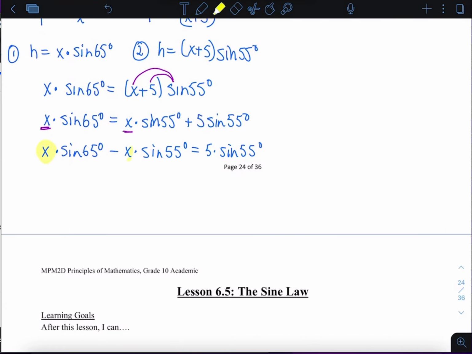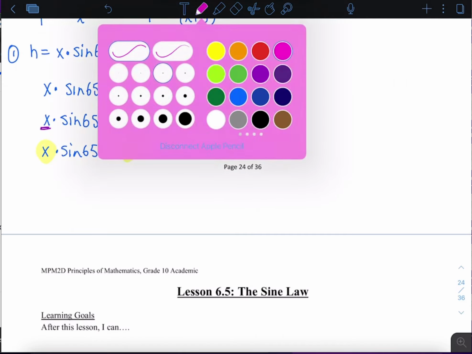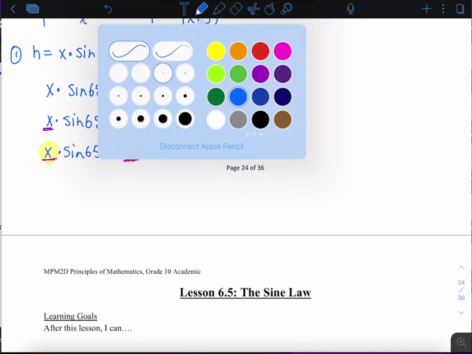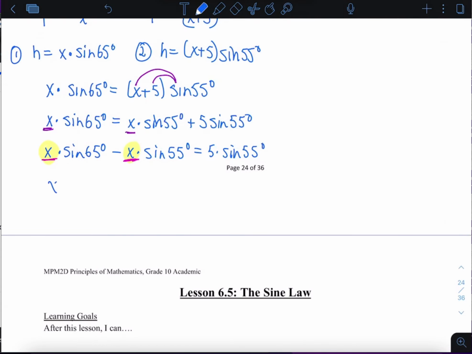So I can see that I have x in both of these. So remember, factoring is kind of like division, but it's also like the reverse of distribution. So if I take x out and I write this as sine 65 degrees minus sine 55 degrees, okay, it's like reverse distribution, right?